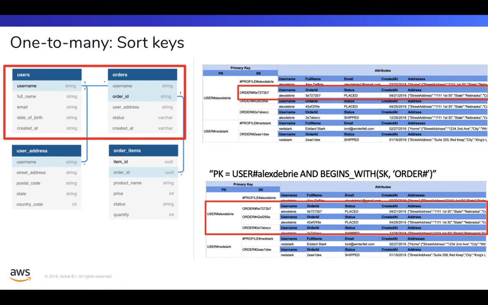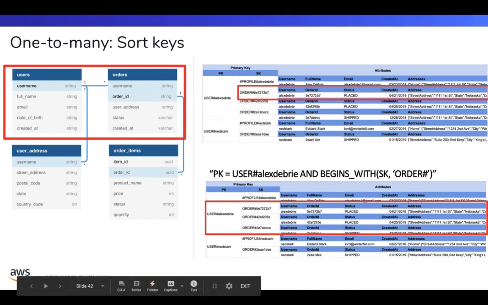So we have a one-to-many relationship between users and orders. When you have a one-to-many relationship, you have to use it with a sort key. So the order would go to the sort key with the order prefix and the order number, and there will be many attributes associated with it. If you see this example, it's pseudocode for how orders are retrieved.